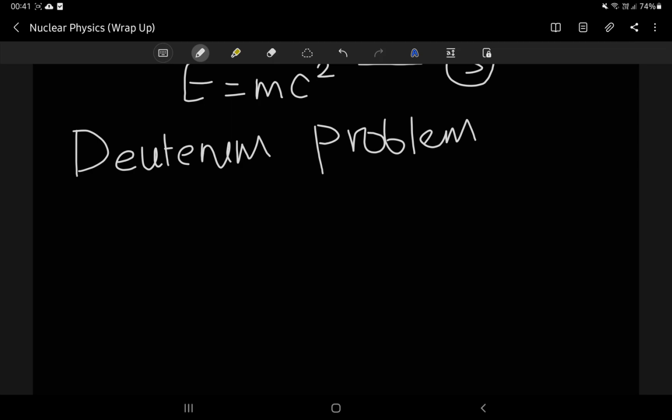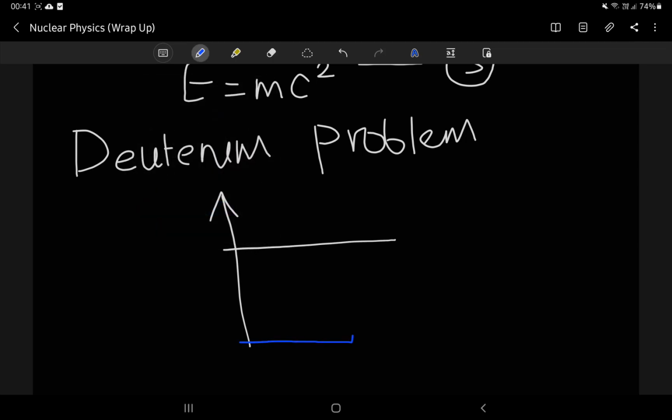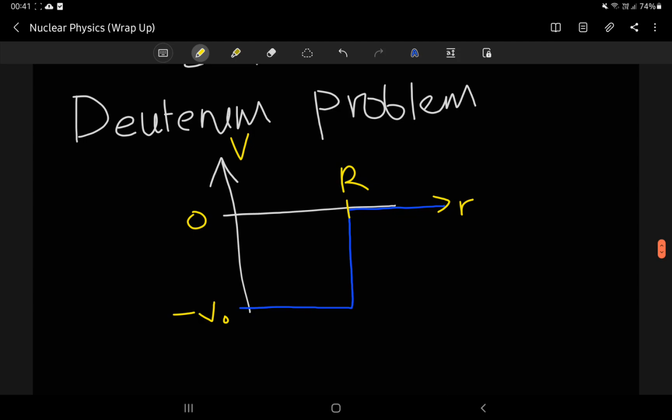So when we have a finite square well, so this is V naught, negative V naught, this is 0, this is the potential, this is R, small r axis.